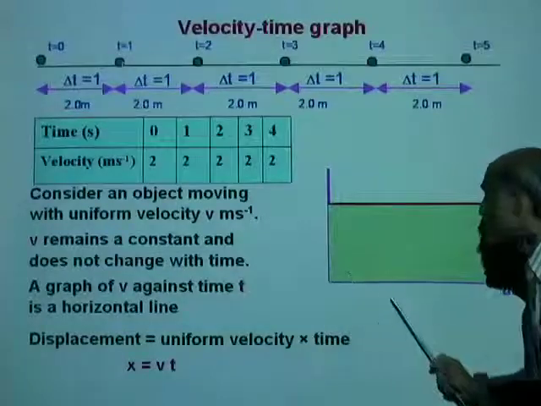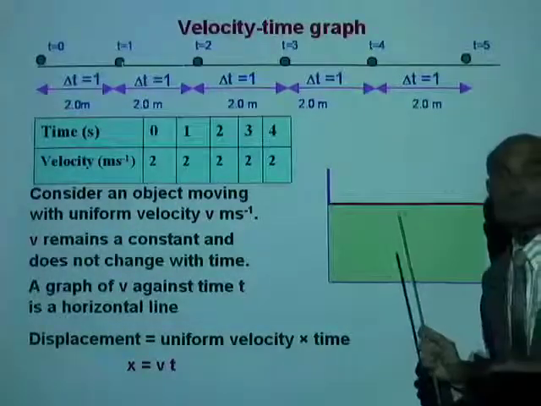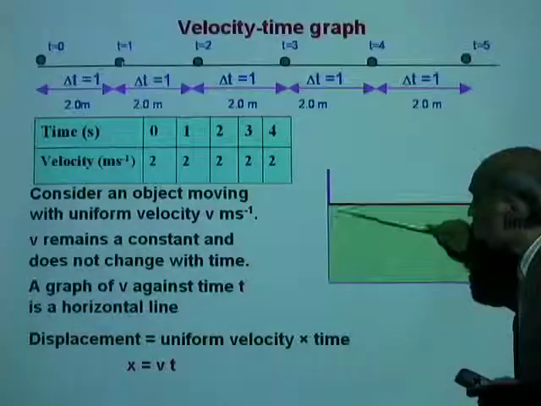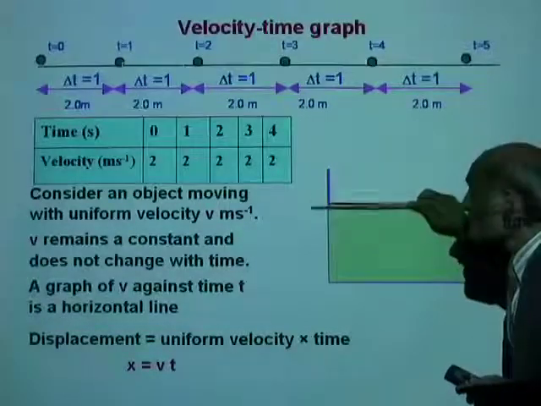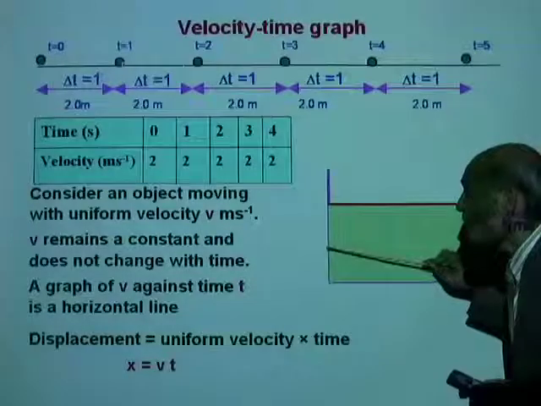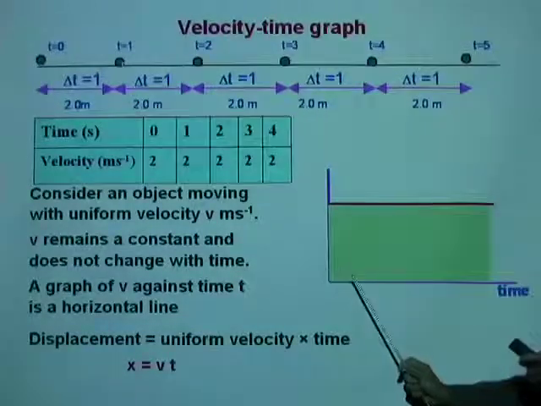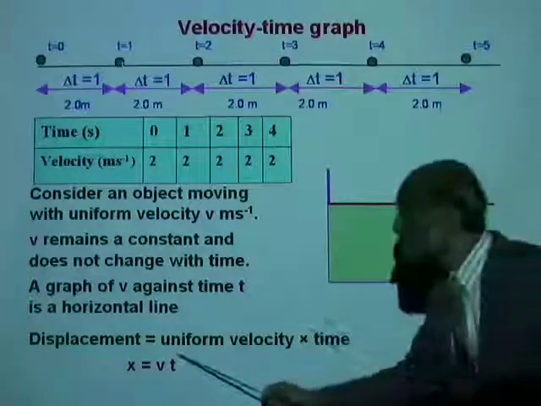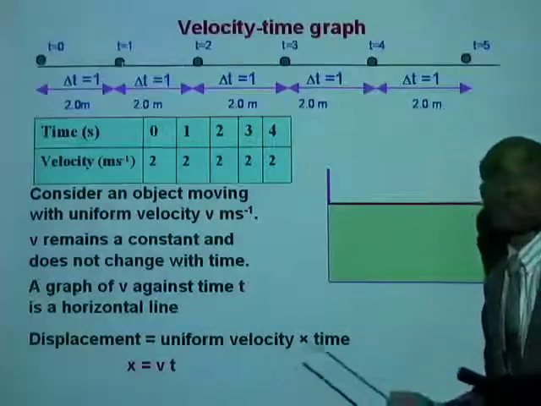What does the area of that rectangle represent? Now, what does this distance represent? This is a measure of the uniform velocity v. What does the length of the rectangle represent? The length represents the time t.